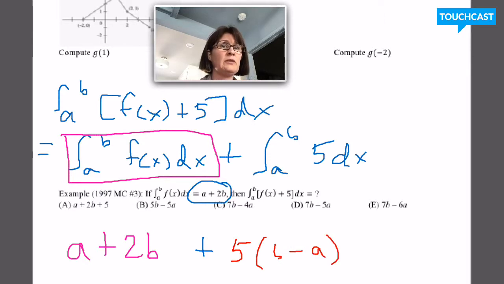So this is a final answer. It'd be totally appropriate if you were in a free response section. This is a multiple choice question, so I'm going to simplify and combine like terms. That makes a plus 2b plus 5b minus 5a, which makes minus 4a plus 7b, so 7b minus 4a.